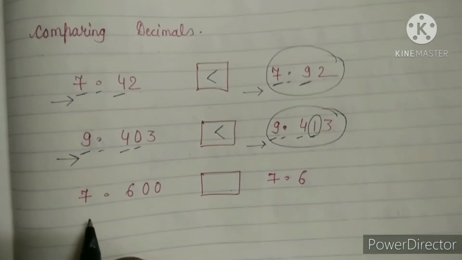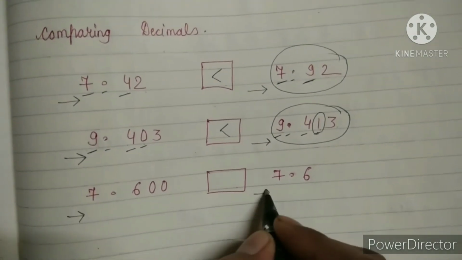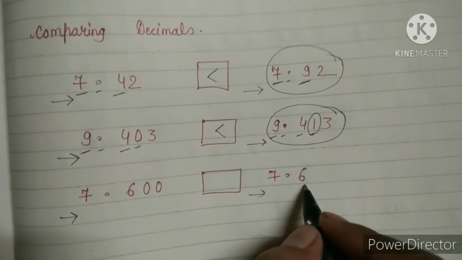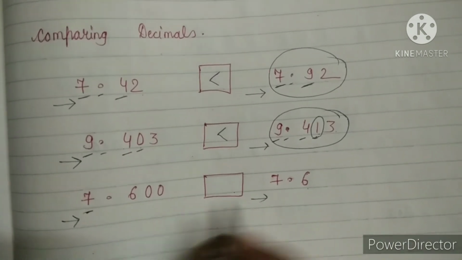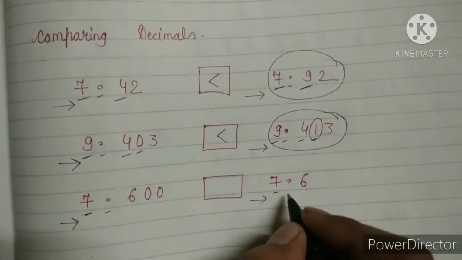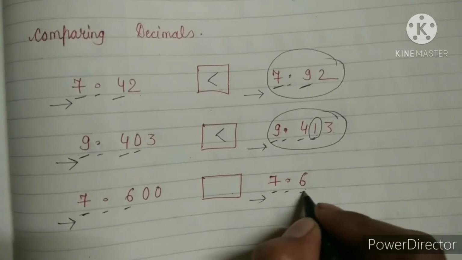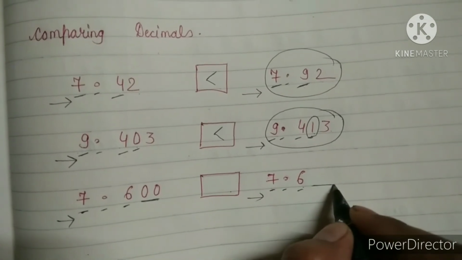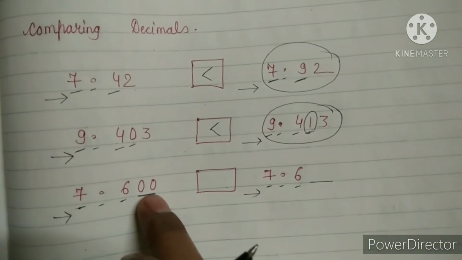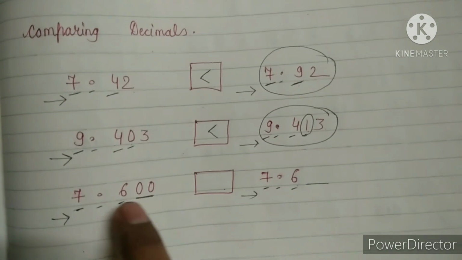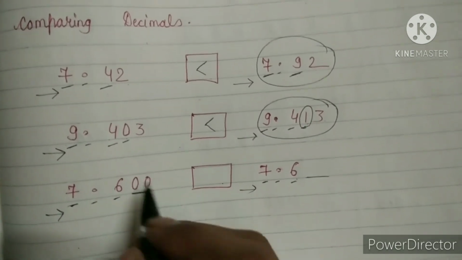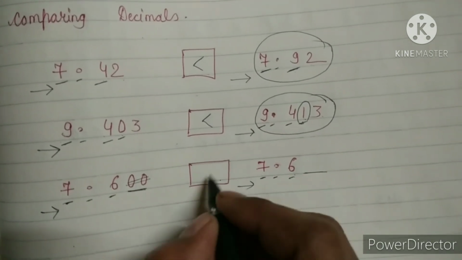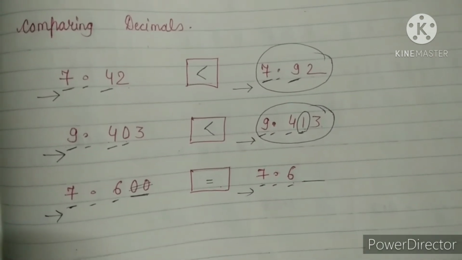Now the third is 7.600 and 7.6. 7 and 7, decimal, decimal, 6 and 6. But here we have 2 zeros, here we have nothing, but these 2 zeros are at the end of the decimal value, so we can ignore them. So 7.6 and 7.6, both values are equal.